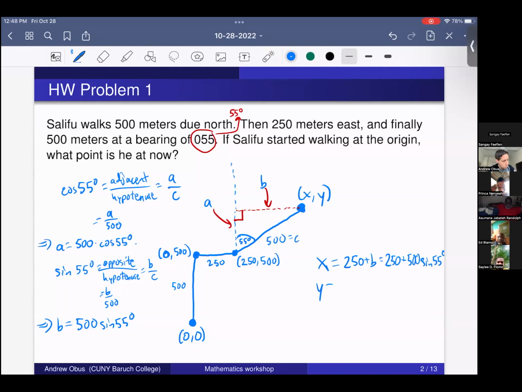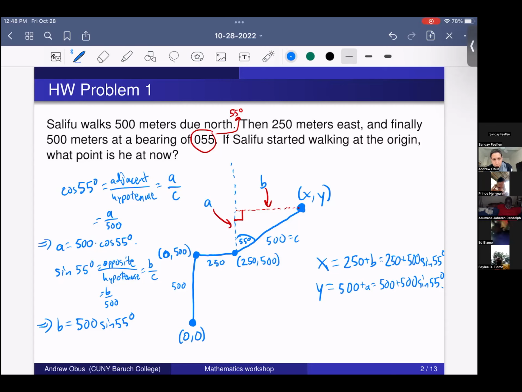And then similarly, Y starts at 500, but then we're going to add A because we're going up by A. So Y is going to be 500 plus A, which is 500 plus 500 sine 55 degrees.